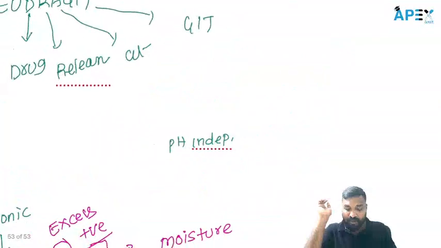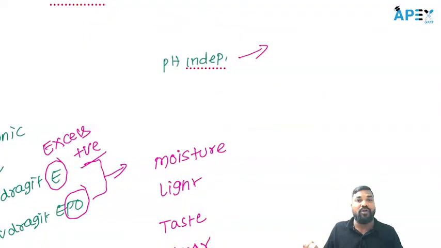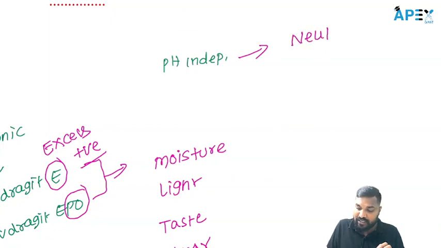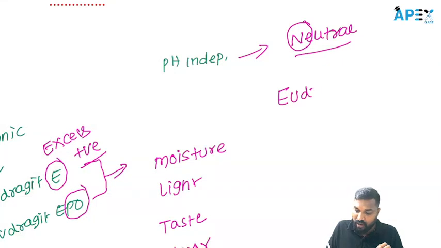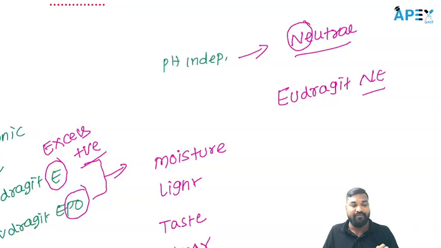Coming to the pH independent Eudragits. What are they? They are neutral Eudragits. Their name contains NE, like Eudragit NE, which is the neutral Eudragit.